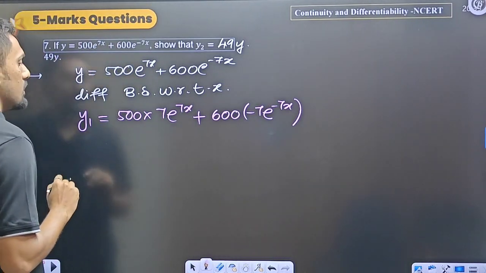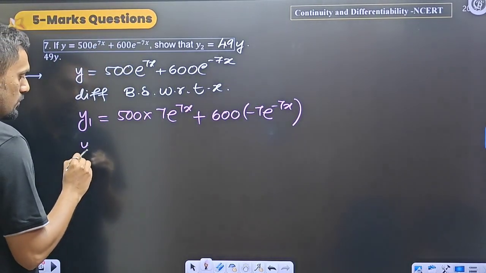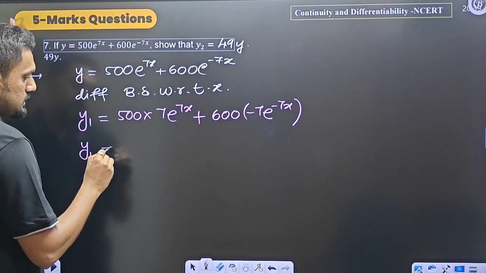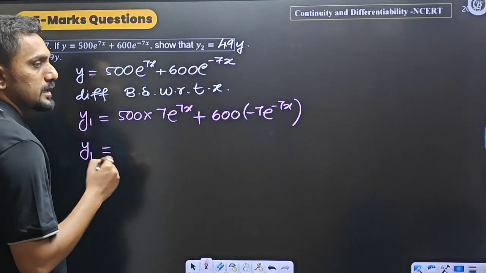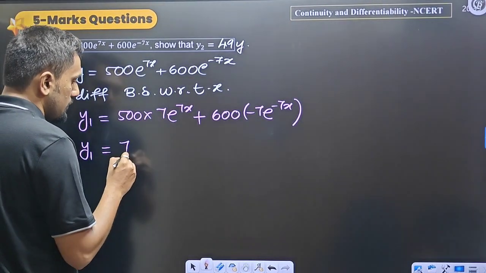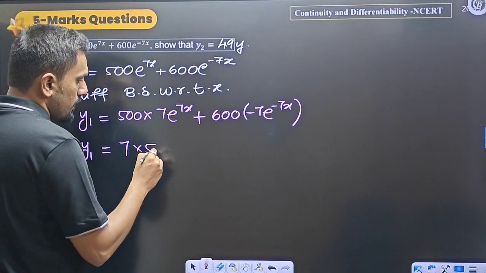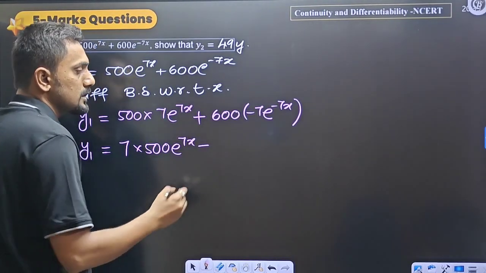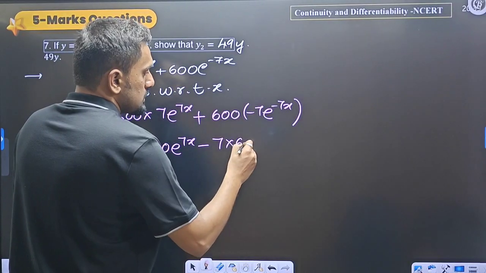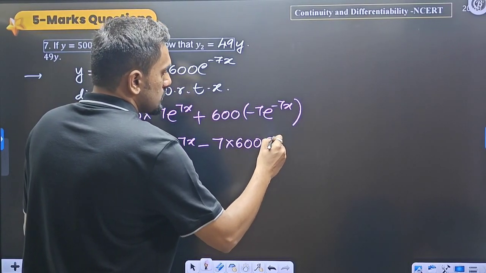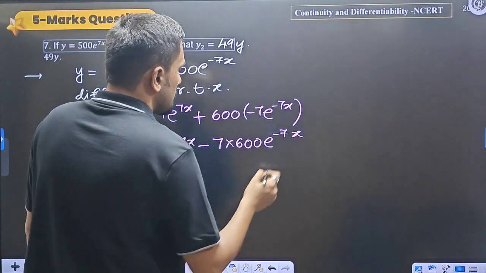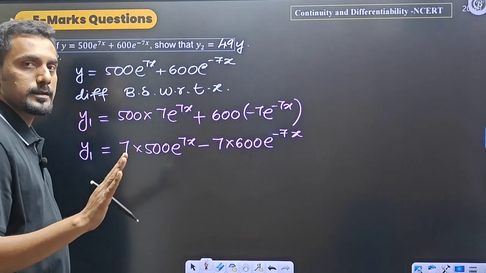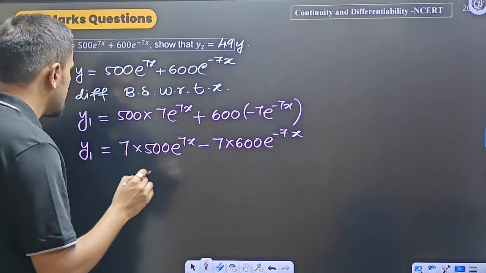Okay, then y1 is equal to, let's just rewrite this, 7 into 500 e raised to the power 7x minus 7 into 600 e raised to the power minus 7x. We don't need to multiply. Okay, I will tell you why.